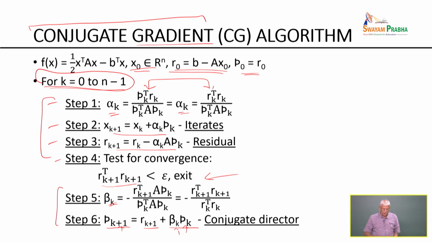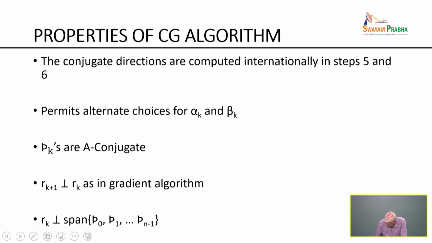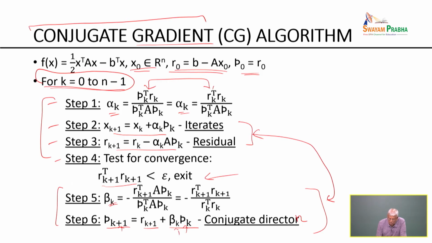So, what is the essence of the story? This is a conjugate direction, not just a direction. You are generating the conjugate direction by a simple method. Mathematically, these two steps are very similar to these two steps in terms of computations. Every one of these involves what? There is a vector, and you update the vector.